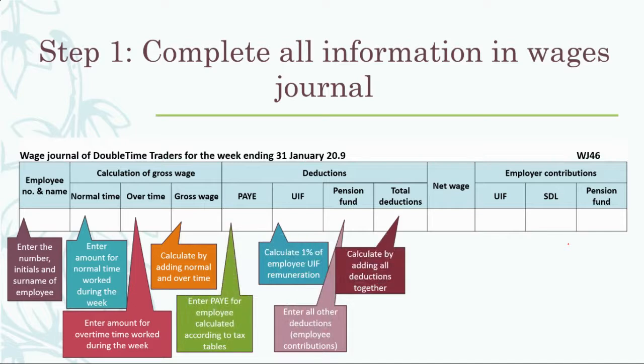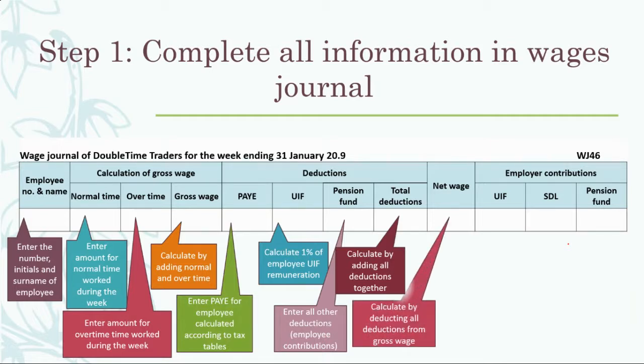Then your deductions. You've got your pay as you earn, which is based on the tax. UIF is 1% of the UIF remuneration, exactly the same as the salary. It is capped at 17,712 Rand. Then your pension fund and any other deductions will also be deducted, and your total deductions is adding all of those deductions together.